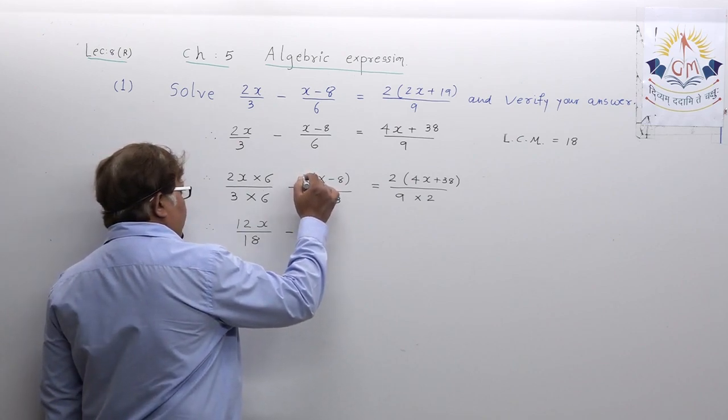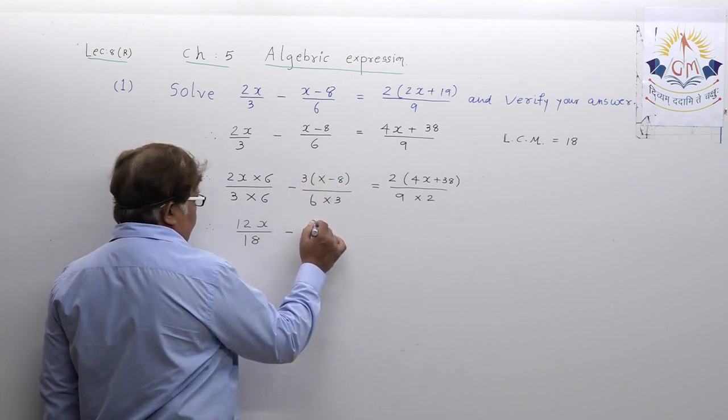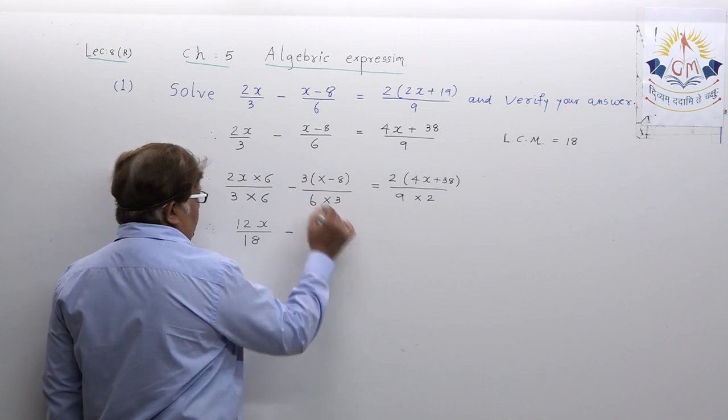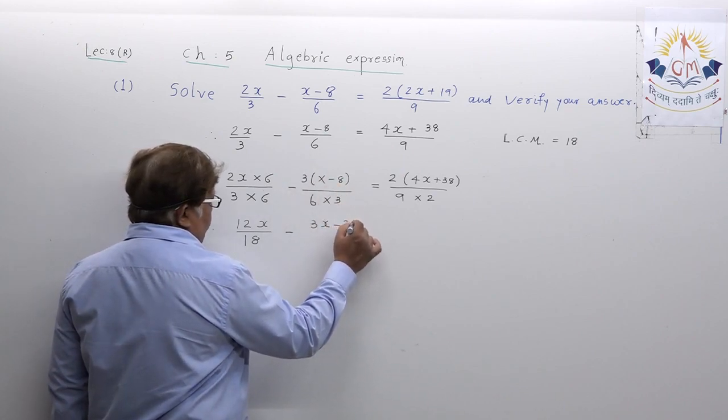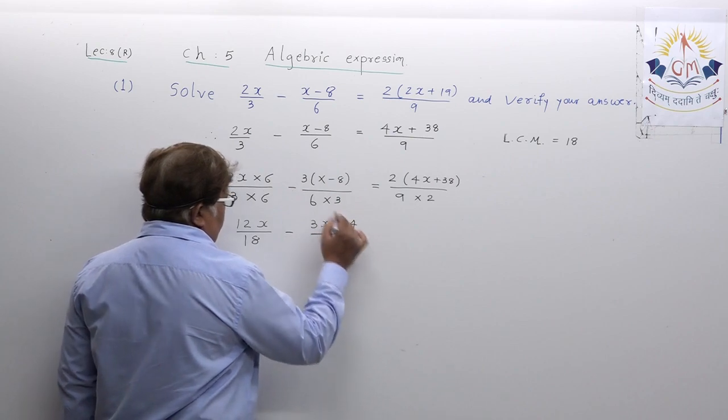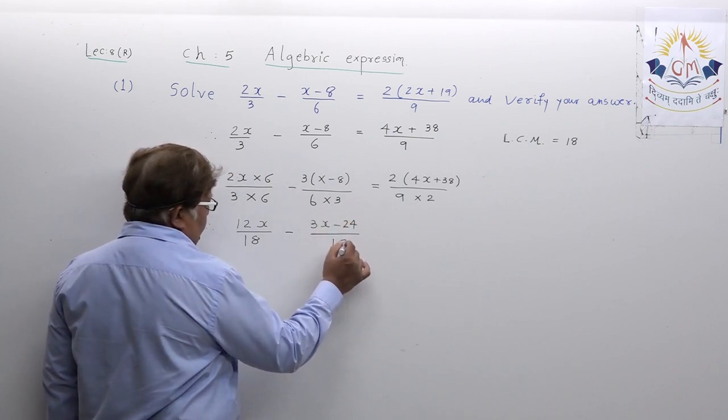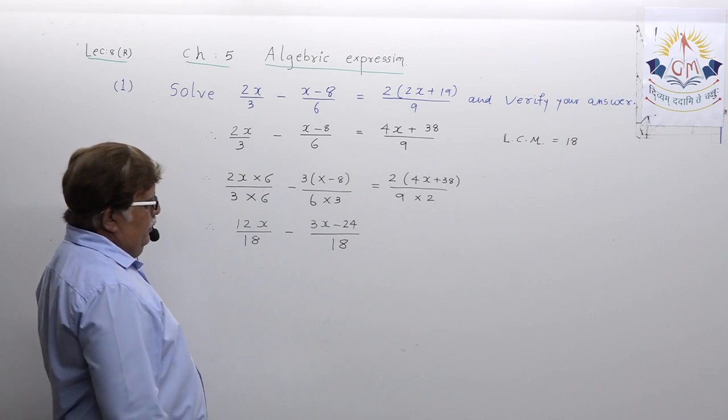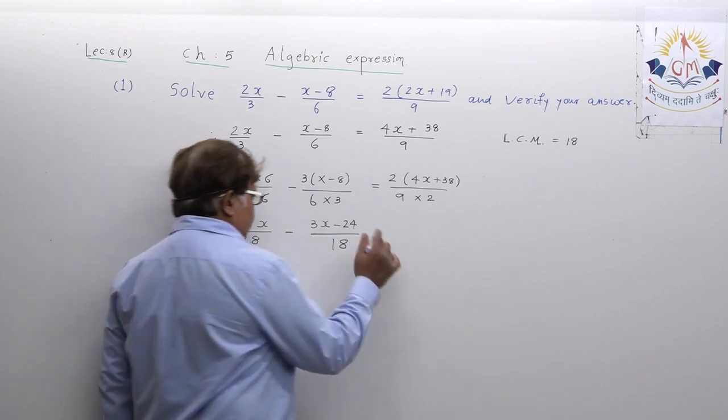And I am opening the bracket: 3x, 3 eights are 24, upon 18. Okay? Is it clear?